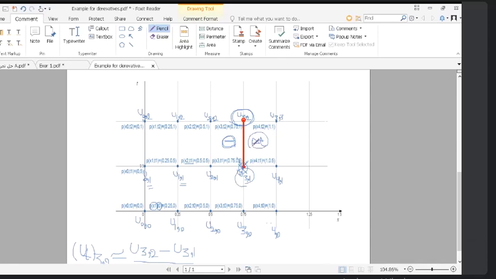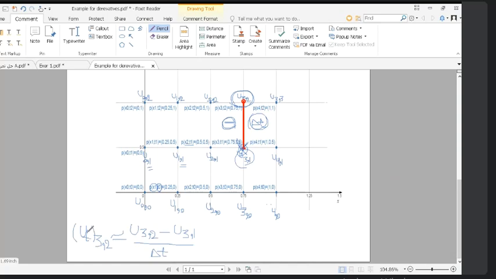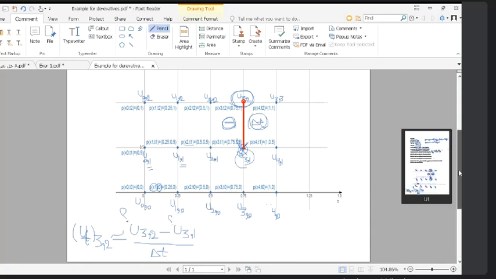It is a diagram for this formula: U32 minus U31 over delta t, okay? And then we write UT 3 and 2 is approximated by U32 minus U31 over delta t. We should compute U32, U31, and then replace them in this fraction.